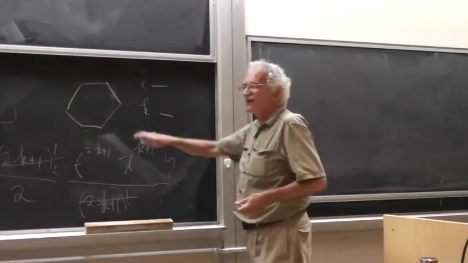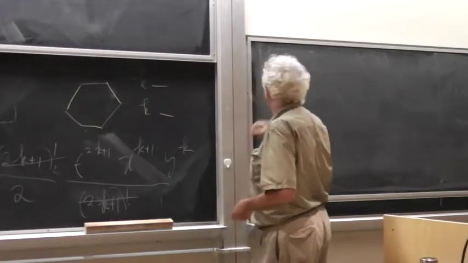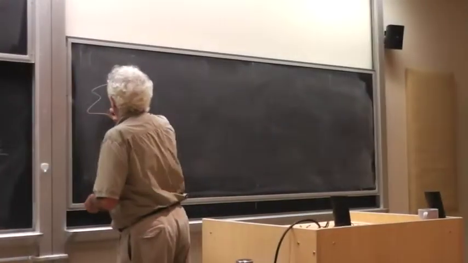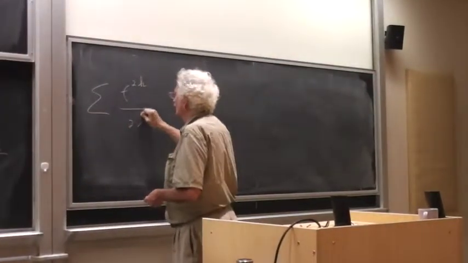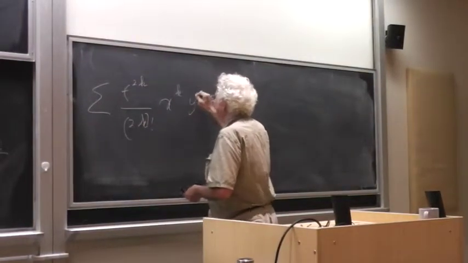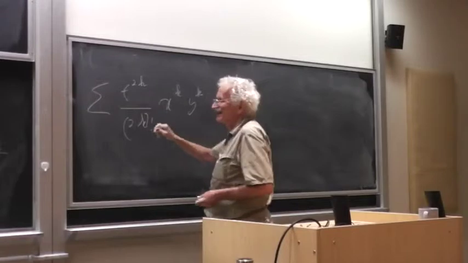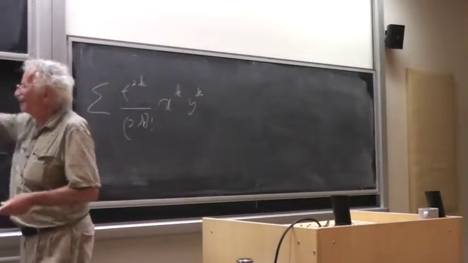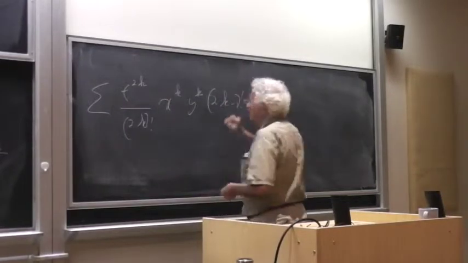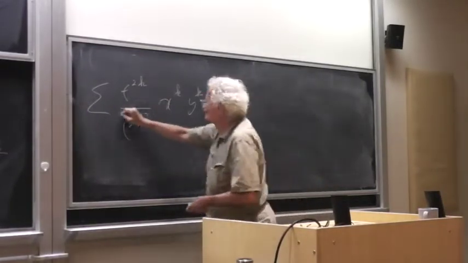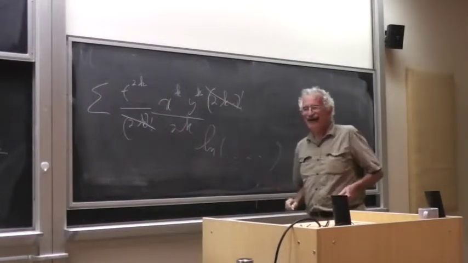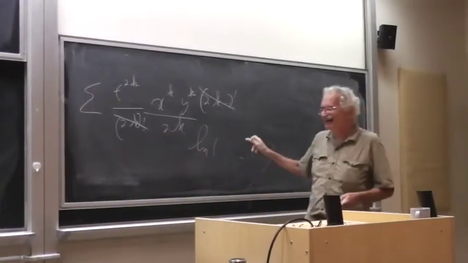Finally, for this, the weight is t to the power 2K over 2K factorial, x to the power K, y to the power K. But now it's circular, so it's 2K minus 1 factorial. They cancel out, and this is ln of something. And if you exponentiate it, you get something.